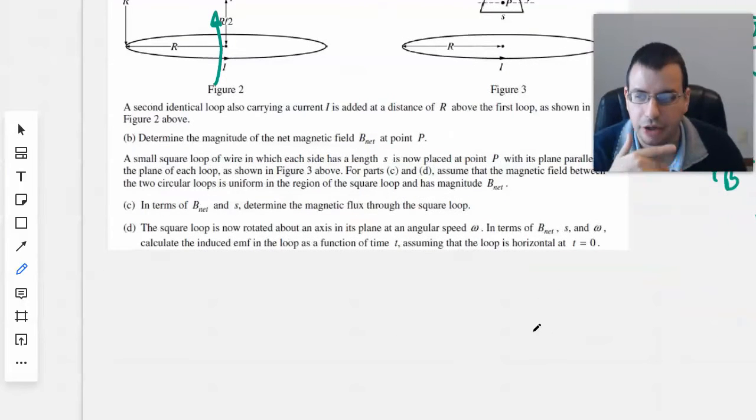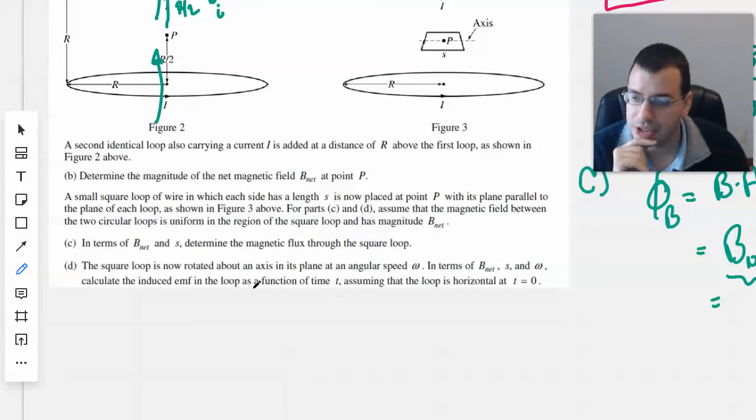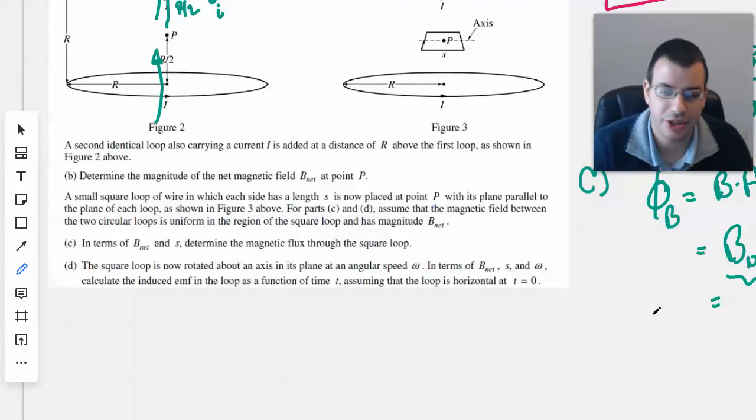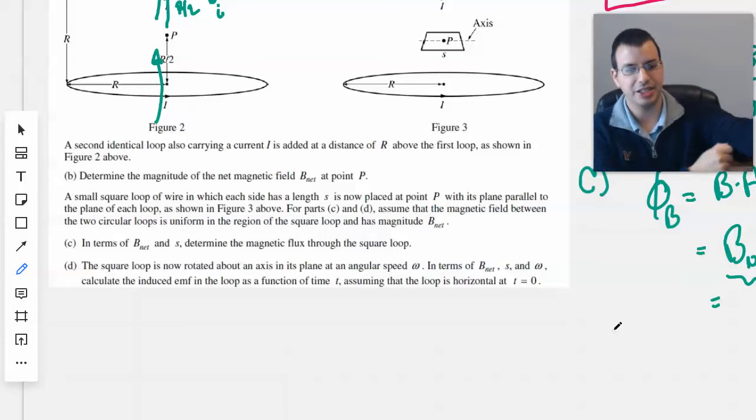The square loop is now rotated about an axis in its plane at angular speed omega. In terms of B net, S and omega, calculate the induced EMF in the loop as a function of time t, assuming that the loop is horizontal at t equals 0.